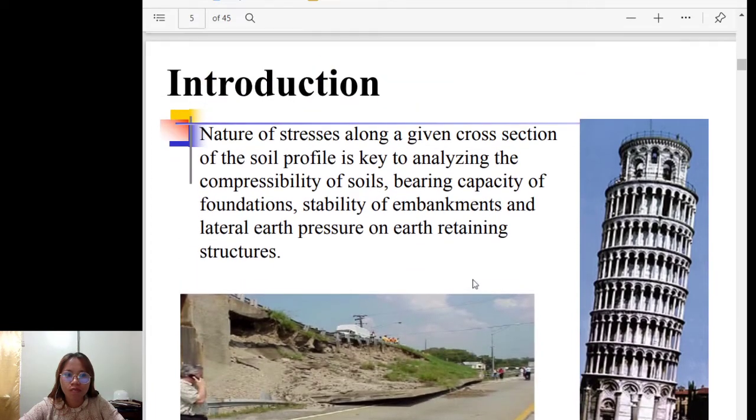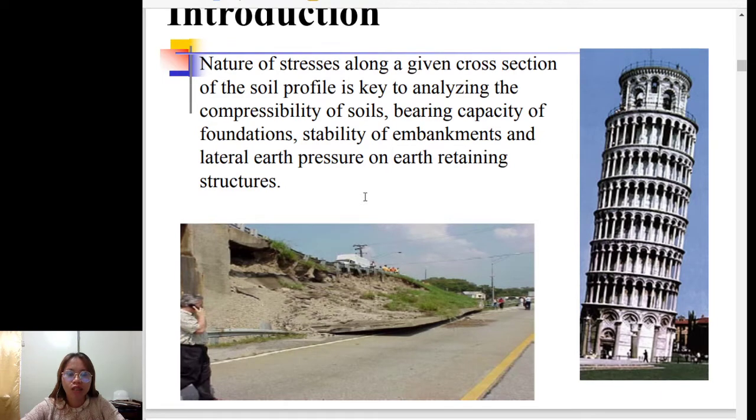For the introduction, the nature of stresses along a given cross-section of the soil profile is the key to analyzing the compressibility of soils, bearing capacity of foundations, stability of embankments, and lateral earth pressure on earth retaining structures.